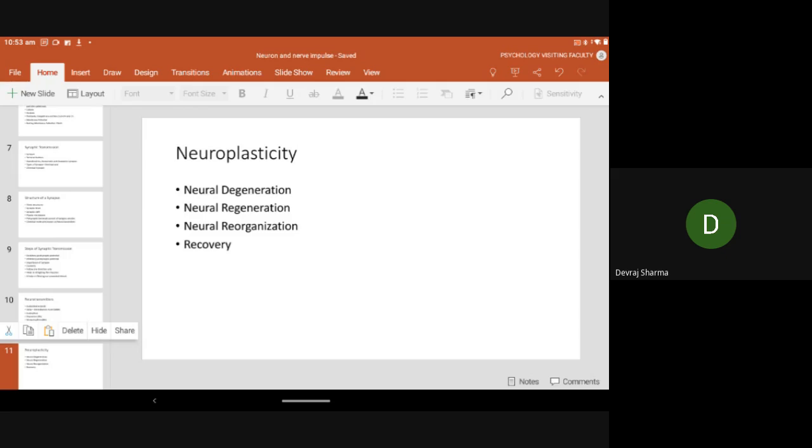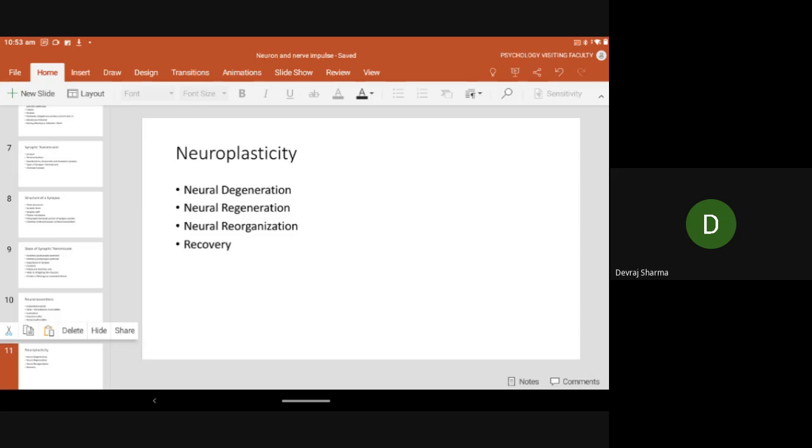Now, these PNS neurons have the inherent capability to regenerate, as I told you. But CNS, or central nervous system, neurons cannot regenerate.